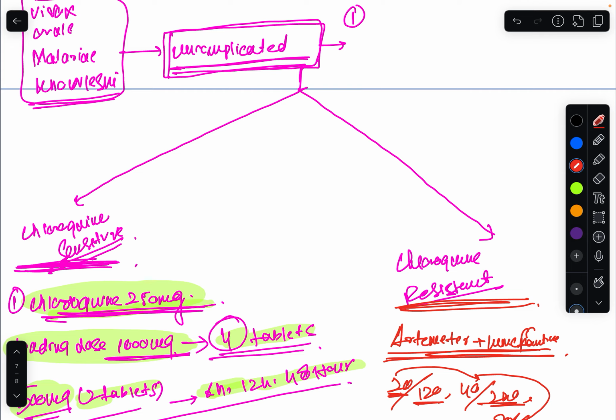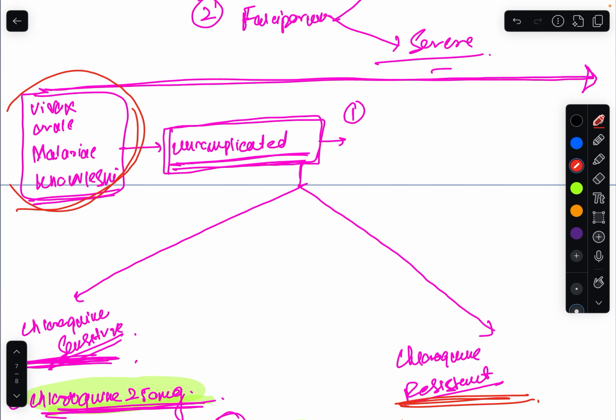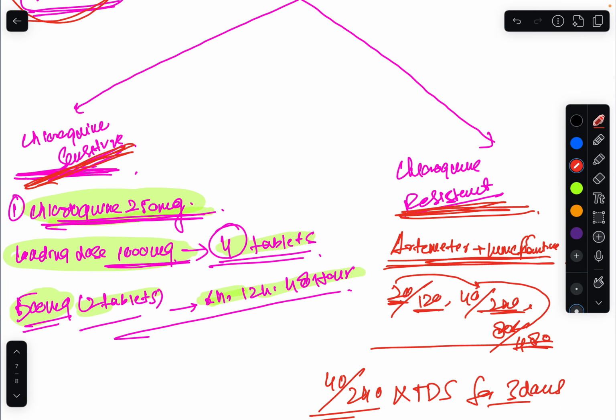Then we check whether it is chloroquine sensitive or chloroquine resistant. This depends on the resistance pattern in different countries of the world. Every country has a different resistance prevalence, and there are different guidelines for malaria in different regions of the world.